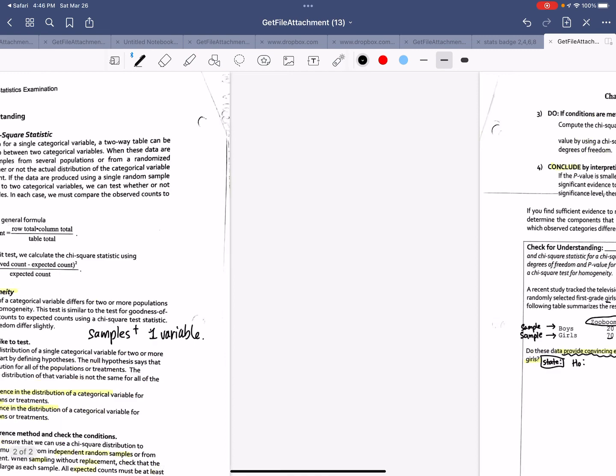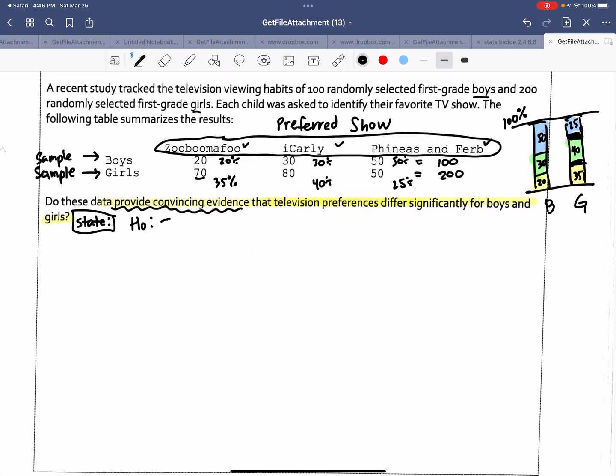The null hypothesis: there is no difference in the distribution of shows between the two populations.